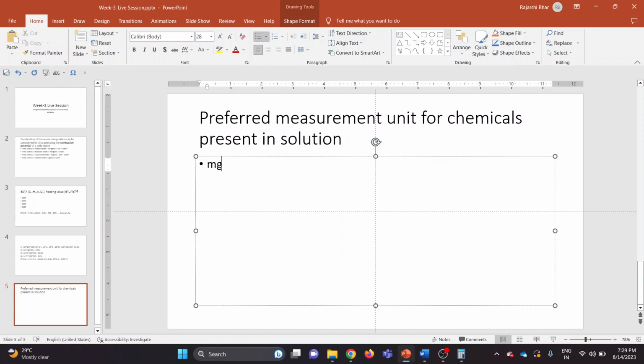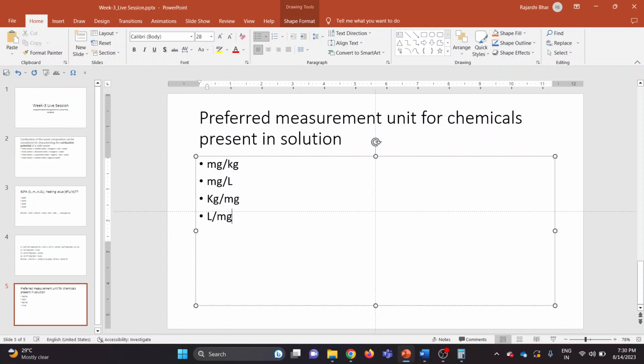And your options are, pardon me, this milligram M should always be small letters, and due to a typo it is becoming capital, so kindly ignore it.